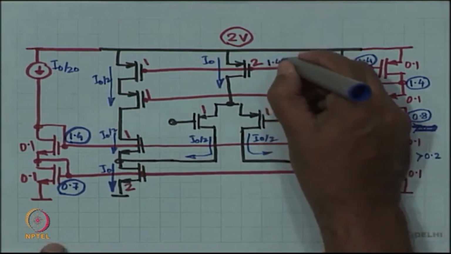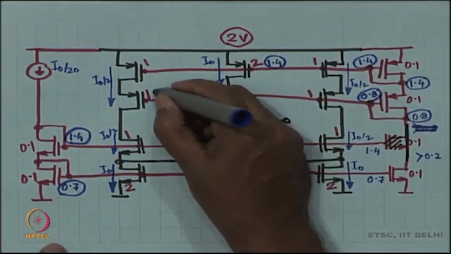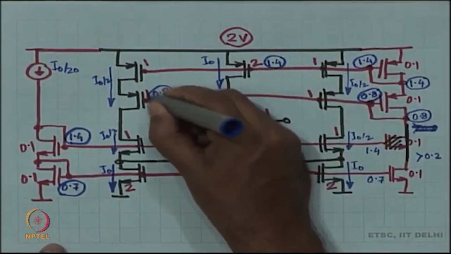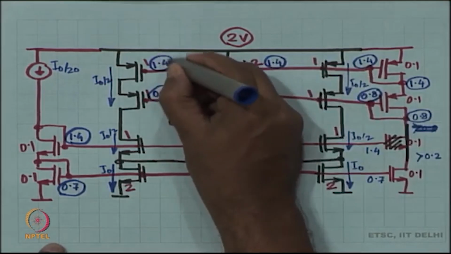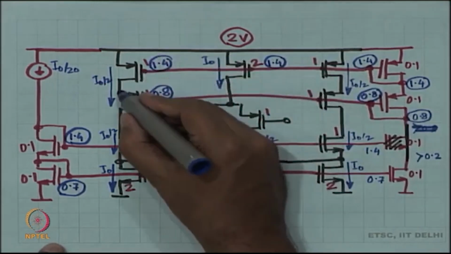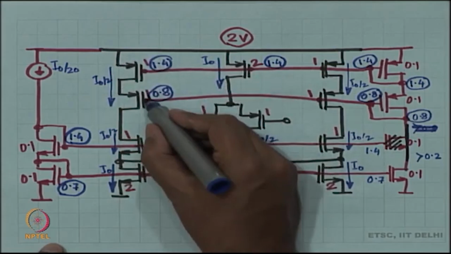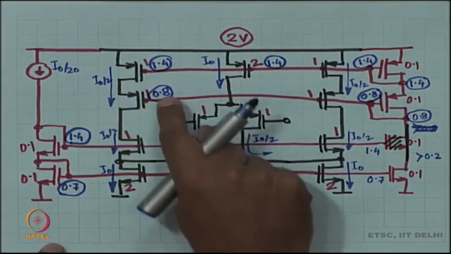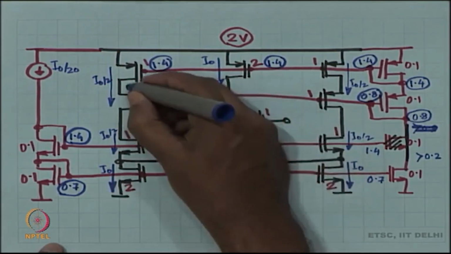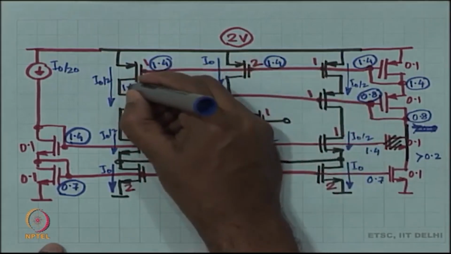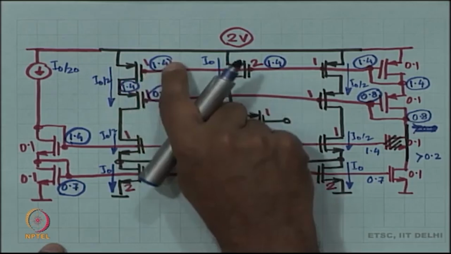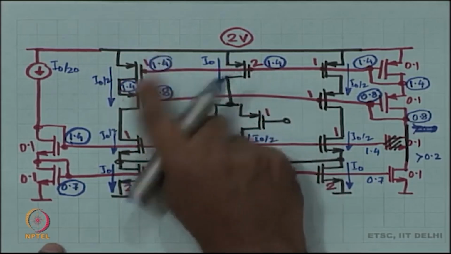So, the voltage here is 1.4, the voltage here is 0.8, and this device, what is the voltage here? 0.8 minus 0.6, so it is 0.2. So, I am sorry, plus 0.6. So, this is also at 1.4. Now, this is the Wilson action, right.